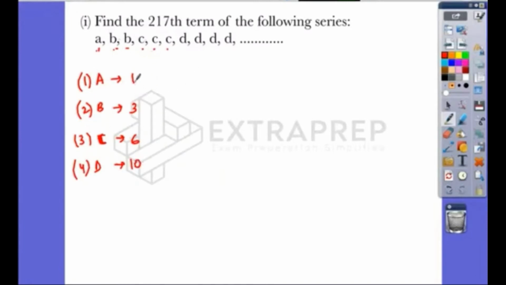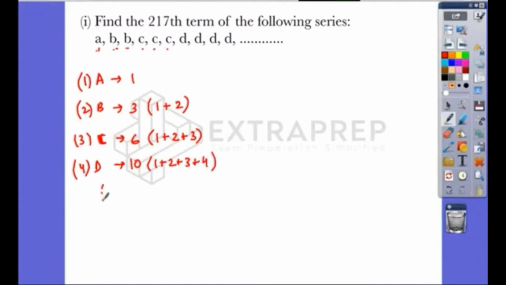See, how do we get this? A is the first letter, obviously there will be 1. B ends at the third term because 1 A and 2 B's should be there. C ends at the sixth term because 1 A, 2 B's and 3 C's should be there, and only then it ends. D is the fourth letter, and so 1 plus 2 plus 3 plus 4. It ends at the 10th place.